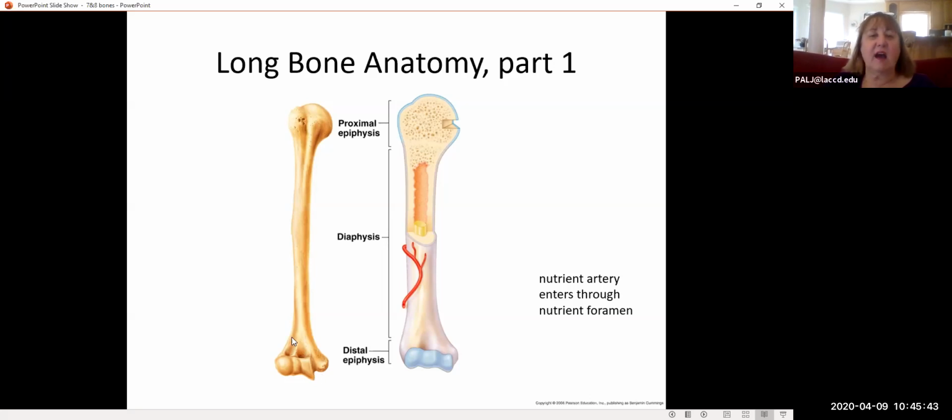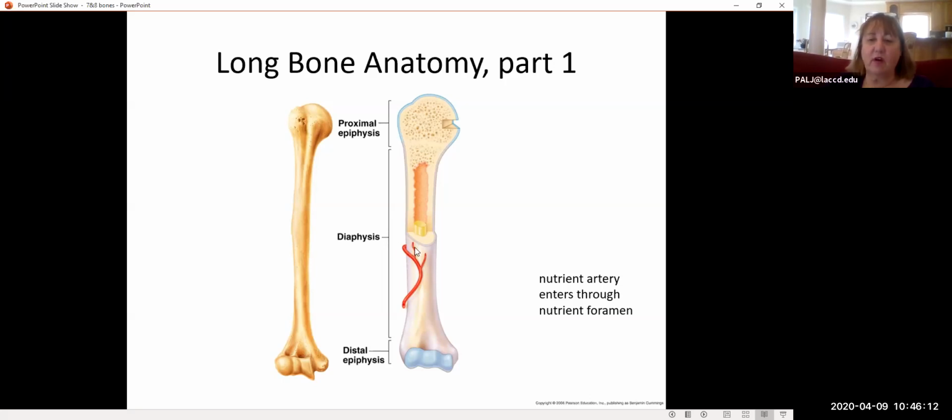Now, completely surrounding the bone, we are going to have a dense connective tissue covering known as periosteum. And going through the periosteum and into the bone are blood vessels bringing nutrients in and little blood vessels taking waste out. These blood vessels are called nutrient arteries.